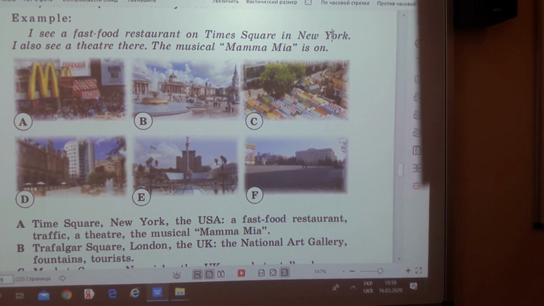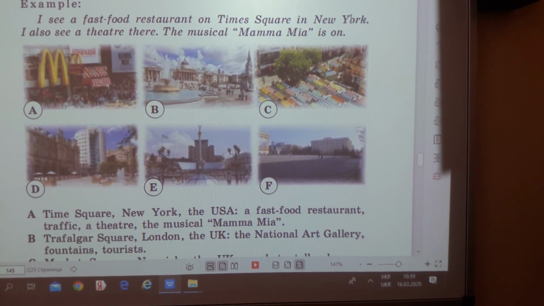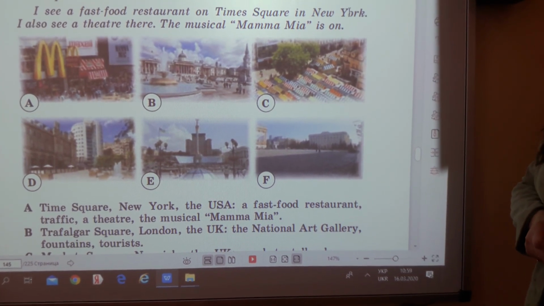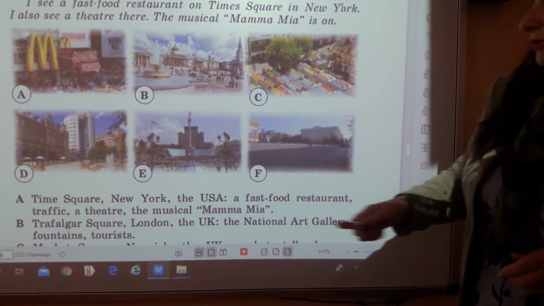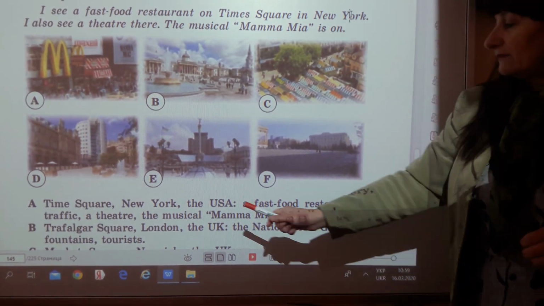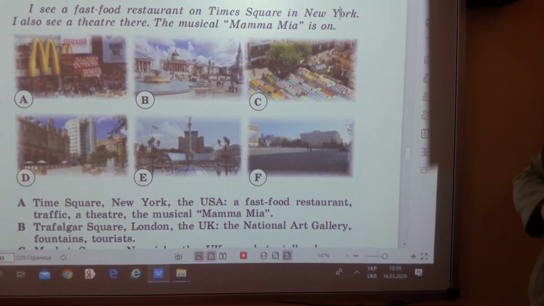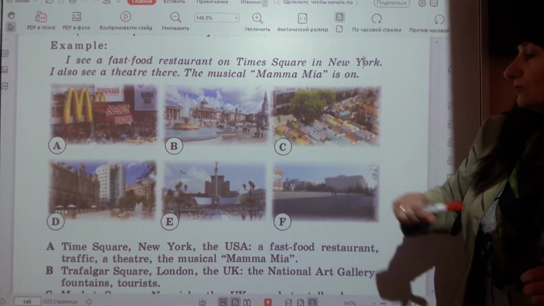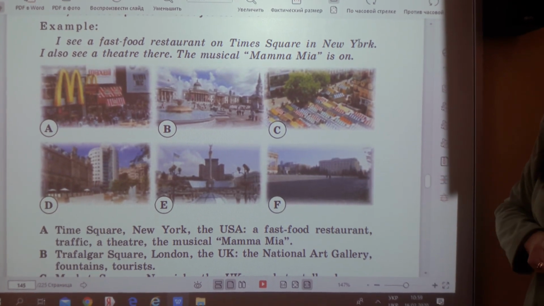Trafalgar Square, London, the UK, the National Art Gallery, fountains, tourists. So Trafalgar Square is the name of this square. The UK, you know that it is the United Kingdom of Great Britain and Northern Ireland. And we're going to write a short description of this square.